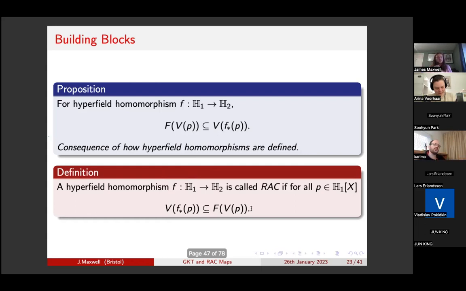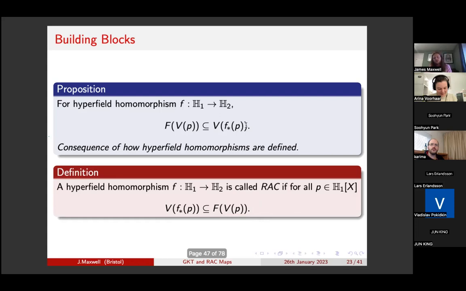So we introduced this notion of something called a RAC map, which stands for Relatively Algebraically Closed. A map between H1 and H2 is RAC if for all polynomials over H1 in one variable, the variety of the push forward is a subset of the push forward of the variety of the original polynomial.